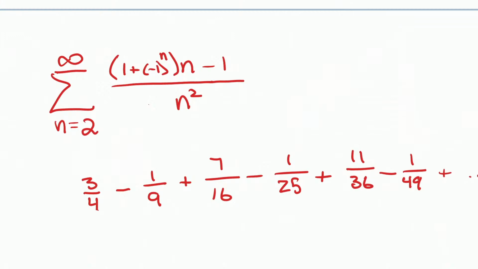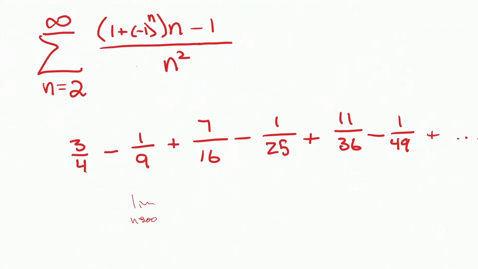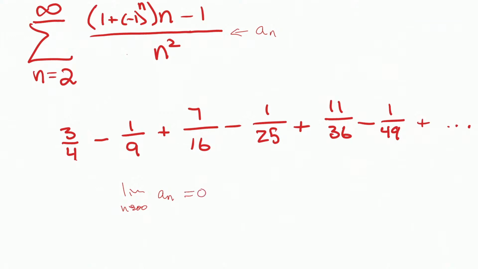The limit as n approaches infinity of that stuff, I'll just call it a sub n, because I can separate out the negatives and the positives, but you can see that the limit is going to be 0.